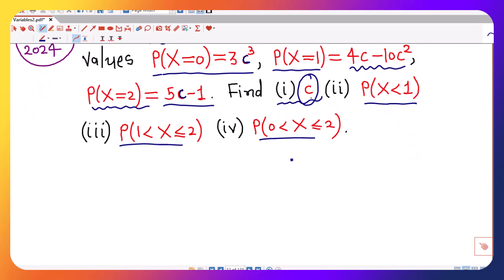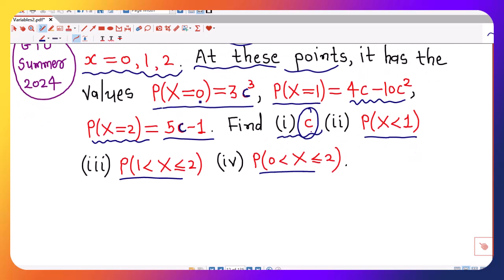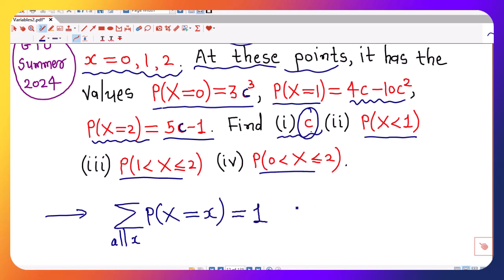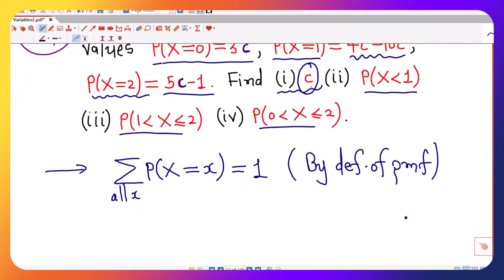Now it is given that the probability mass function is non-zero at these 3 points only, x equal to 0, 1 and 2. So first we write that the sum of all the probabilities must be equal to 1. Sigma probability that capital X equal to small x must be equal to 1, and this is by definition of probability mass function.